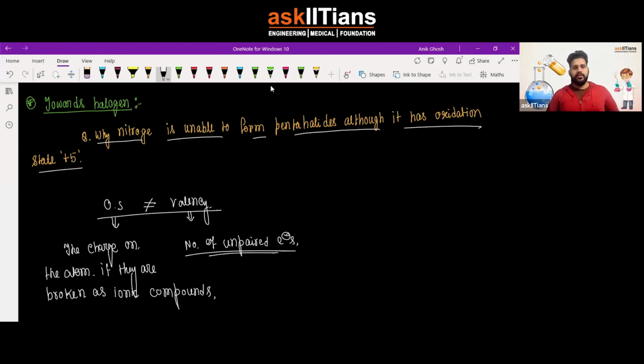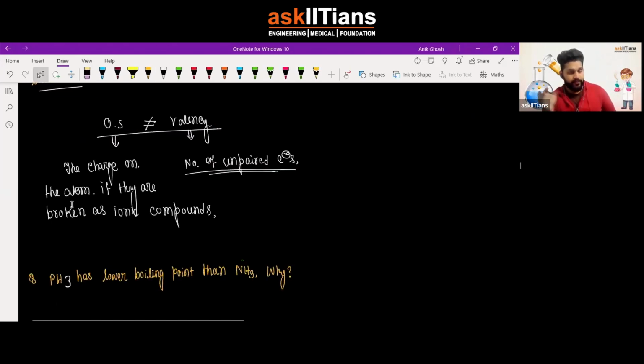Then the charge that we find, arbitrarily it can go to +5, but in reality it cannot go to +5 in the valence method.